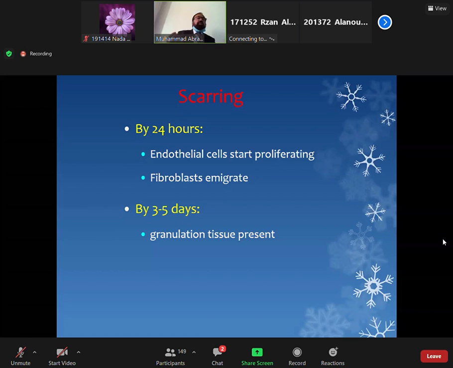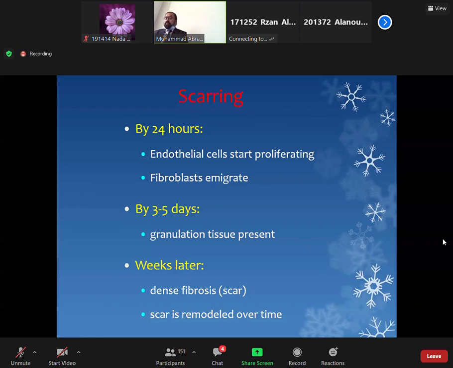Granulation tissue is the proliferation of newly formed blood vessels and fibroblastic proliferation, right? So in granulation tissue, you will see blood vessels and fibroblasts. And fibroblasts start secreting the matrix, which is usually collagen, right? So this is granulation tissue.